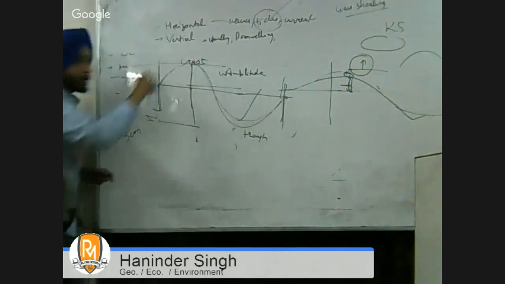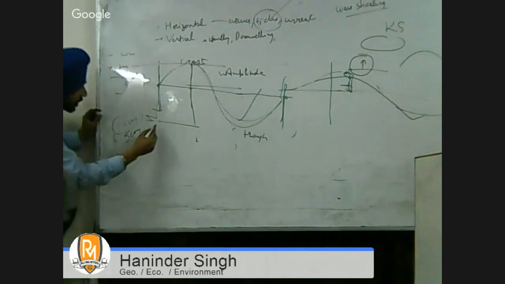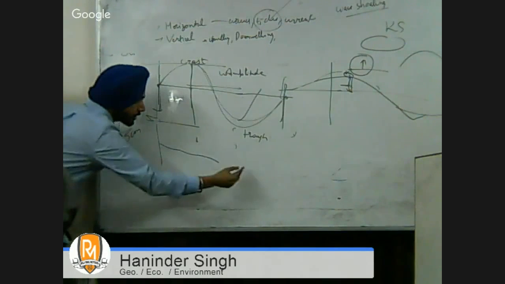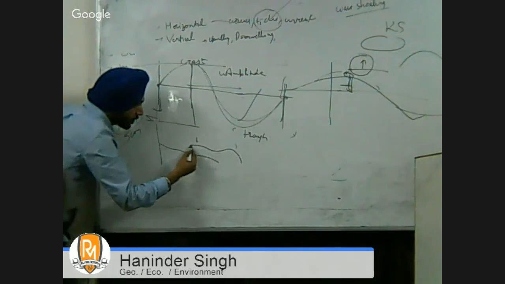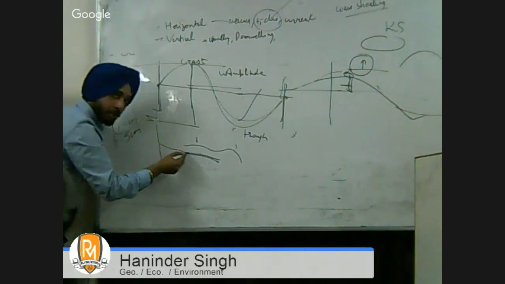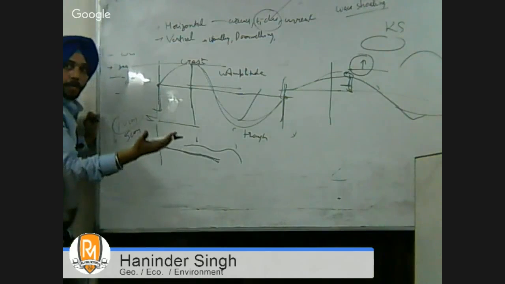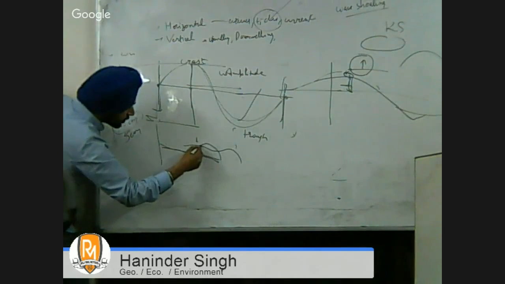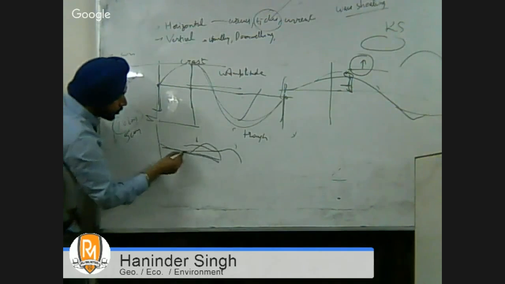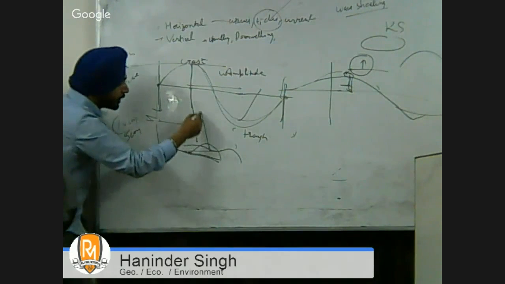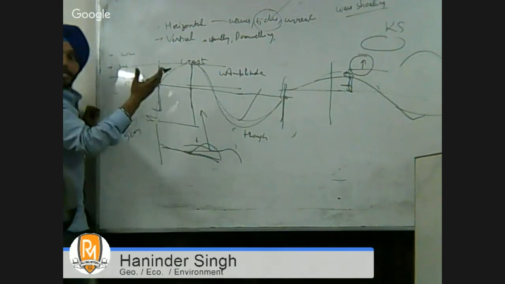What is wave shoaling in a tsunami? When the tsunami travels towards land, it will encounter the continental slope and then the continental shelf. Depth would be reducing. So to compensate for this effect, in which the wavelength won't be able to travel because of the reducing depth of the water, the amplitude of the wave rises.